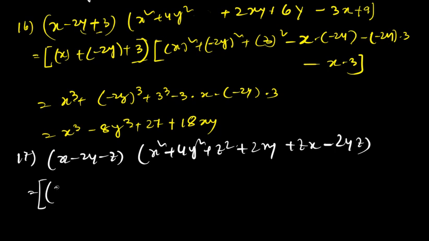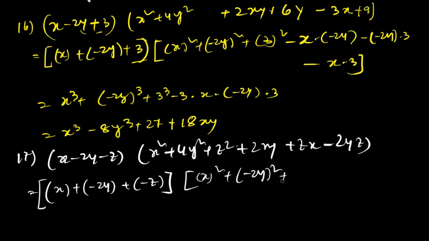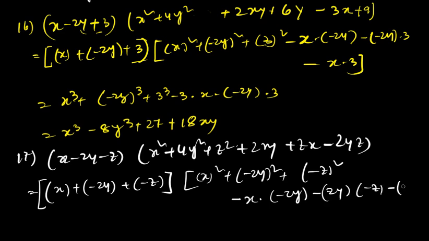So I have to convert it into the standard form: x square minus 2y square minus z square minus x into minus 2y minus minus 2y into minus z minus x into minus z.